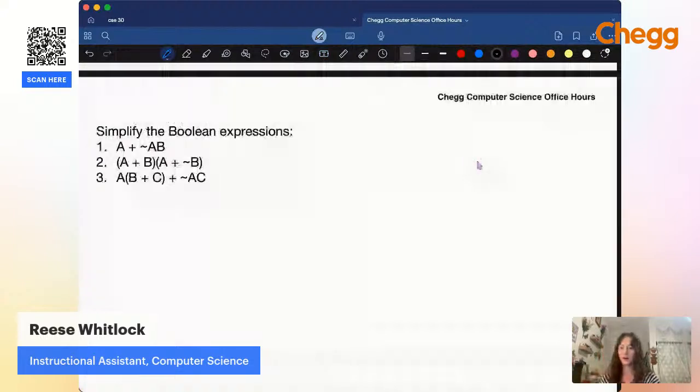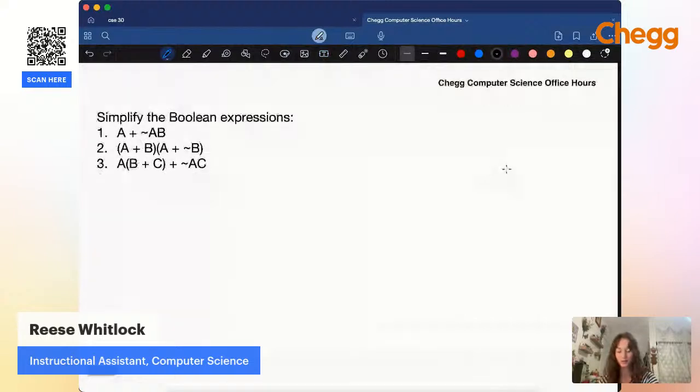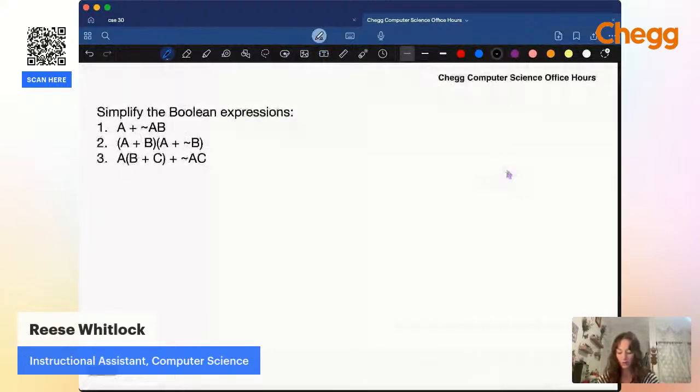So just to start off, I'm going to be getting into some simplifying Boolean expressions. So for number one, it's A or not A and B. And if you're a little bit unfamiliar or just getting into Boolean expressions, just as a quick reminder, a plus sign is an or.